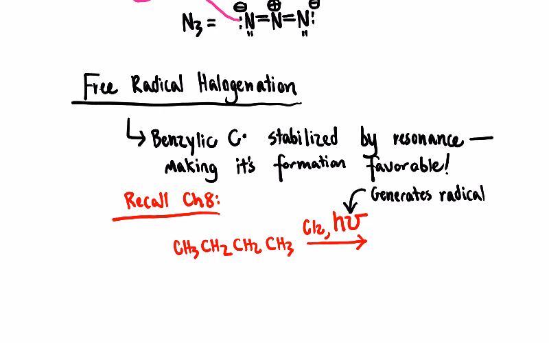And what's going to happen here, we'll go ahead and say that we're assuming monosubstitution, because it is possible for these reactions to continue onward to give multiple substitution. But we're going to assume monosubstitution for our purposes, which means that we're going to be replacing one of the hydrogen atoms with a chlorine.